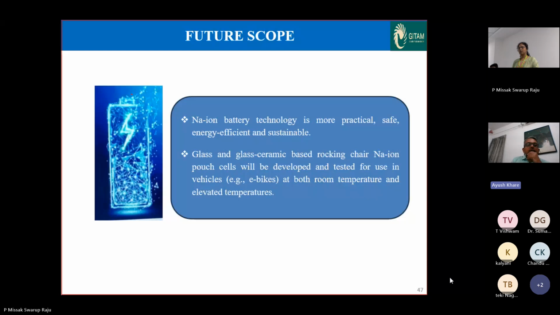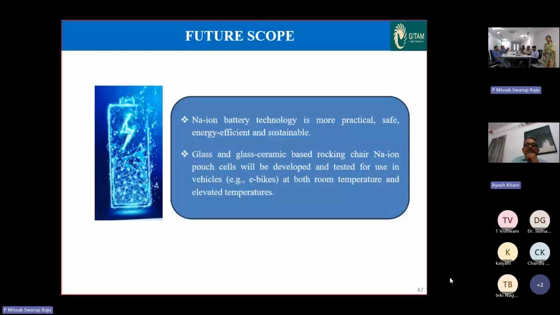How are the DOS and PDOS calculated? The computational details seem to be missing. The reviewer says how the DOS and PDOS are calculated, and that computational details seem to be missing. The DOS is nothing but the density of states, sir. PDOS means the projected density of states. These densities of states are related to the electronic structure, the energy levels, and the different types of orbitals, s, p, d.